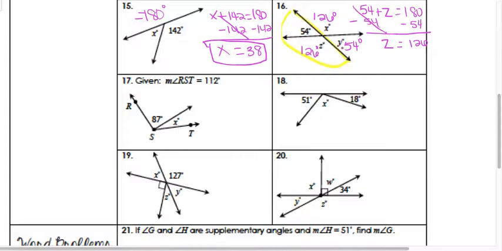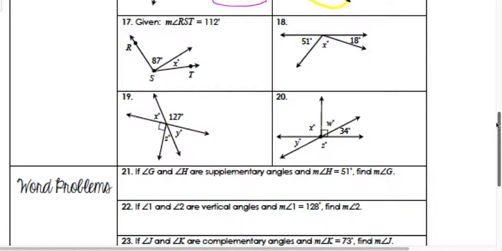Sometimes there's a lot going on. Okay, so now let's go on to number 17. And number 17 says, given the measurement of RST equals 112 degrees.